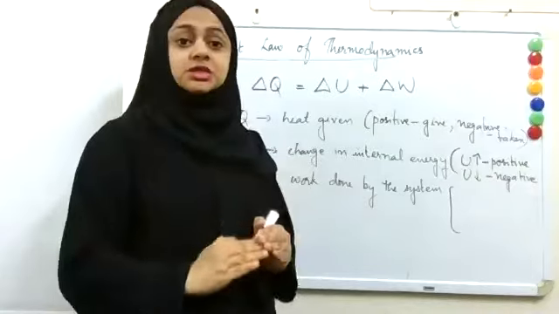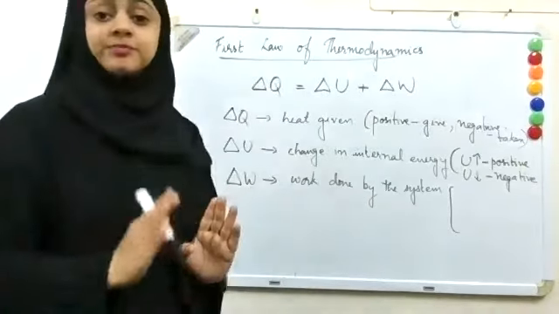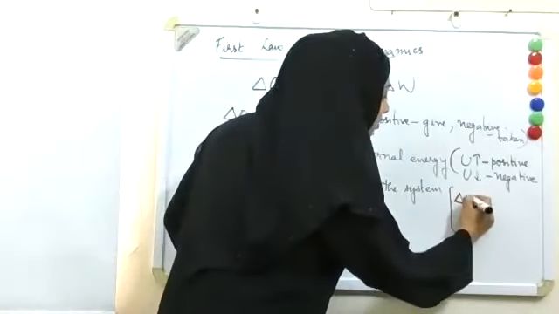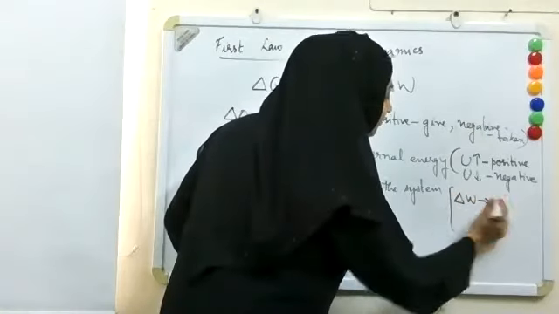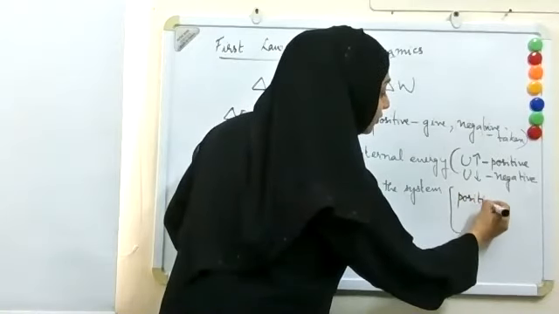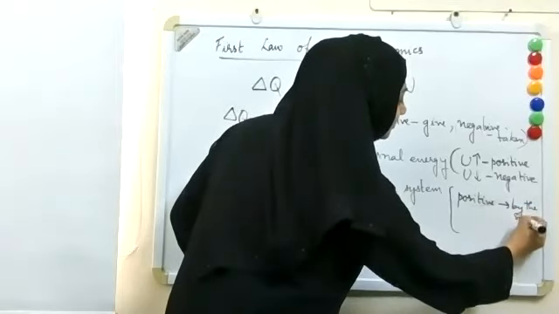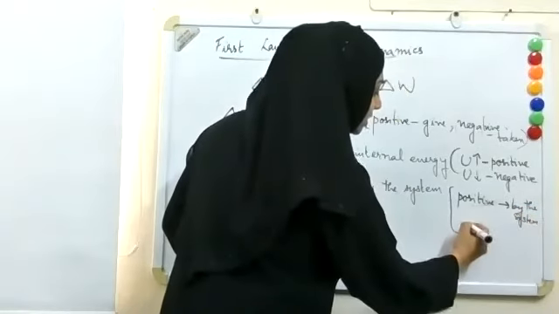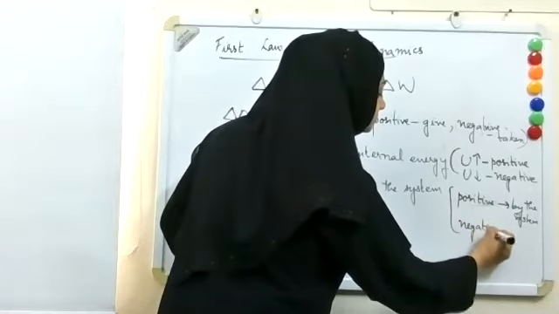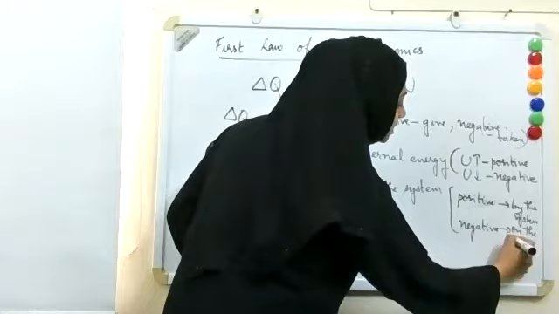So if work is done by the system, delta W is positive. Now, if work is done on the system, it is negative. On the system, delta W is negative.